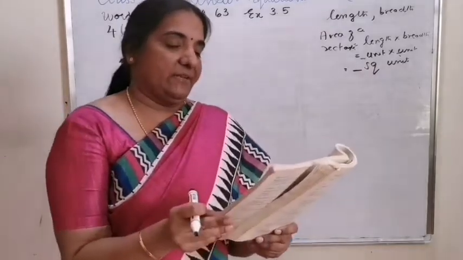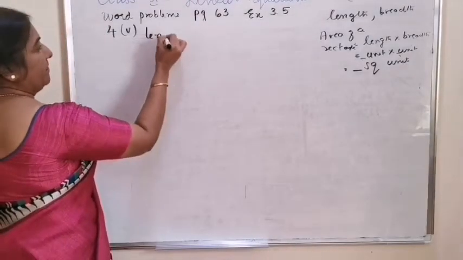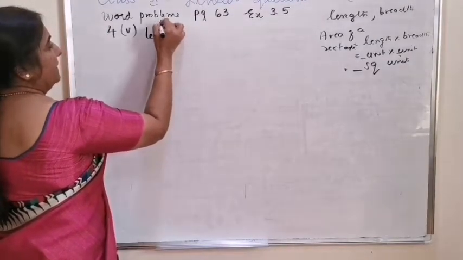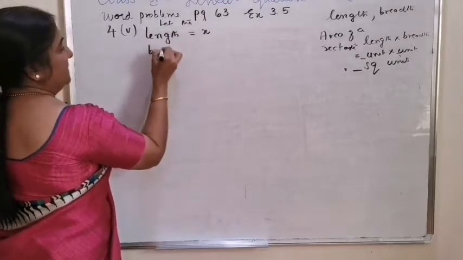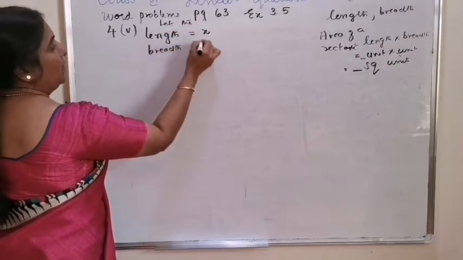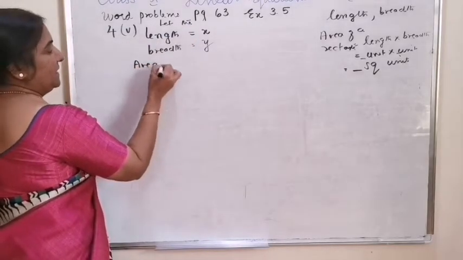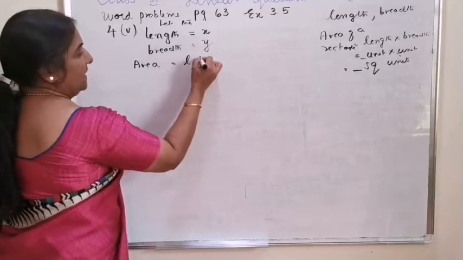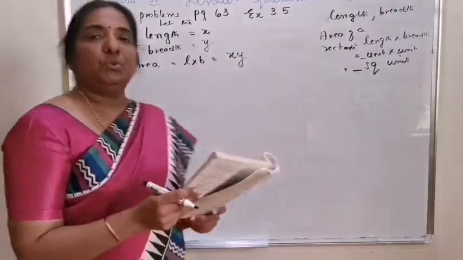Now, let's take the variables. Let the length of the rectangle be x and the breadth be y. If you know the length and breadth, immediately you can calculate the area as length into breadth, which is the same as x into y.